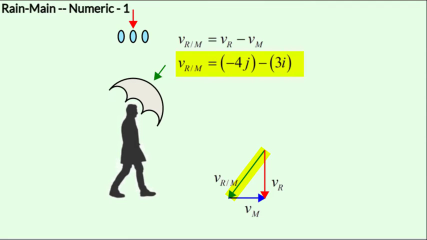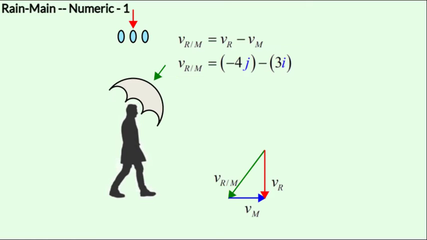In the vector diagram, the velocity of the rain is minus 4j and the velocity of the man is 3i. And in completing this vector triangle, the velocity of the rain with respect to the man would be this vector, since it has to satisfy VR with respect to M plus Vm equals VR.